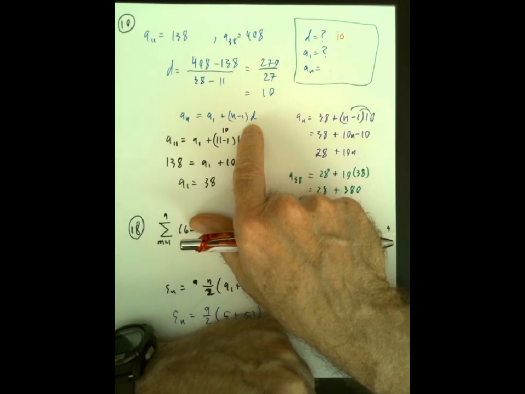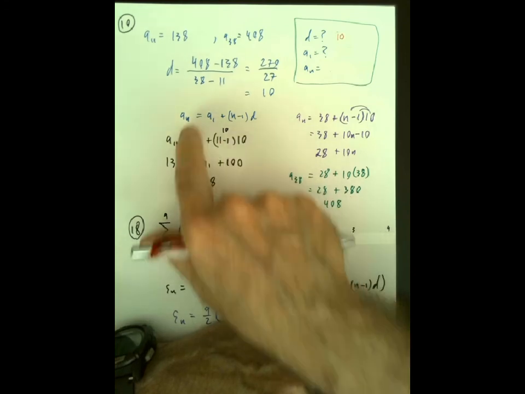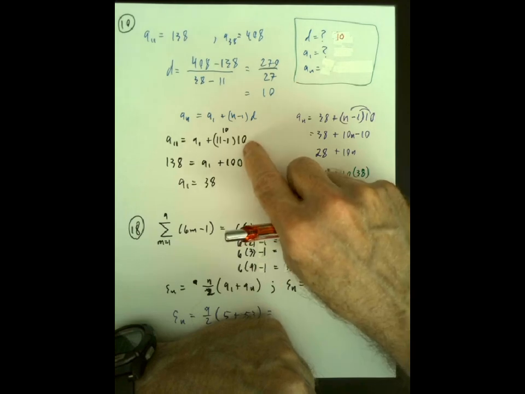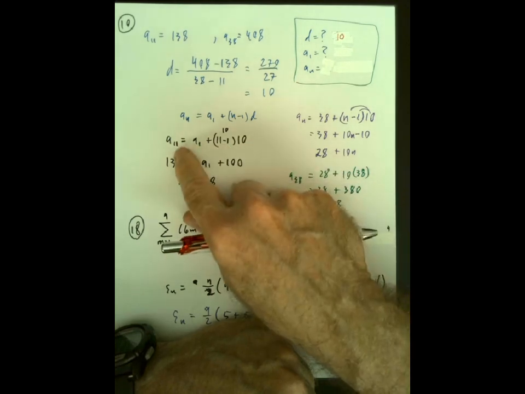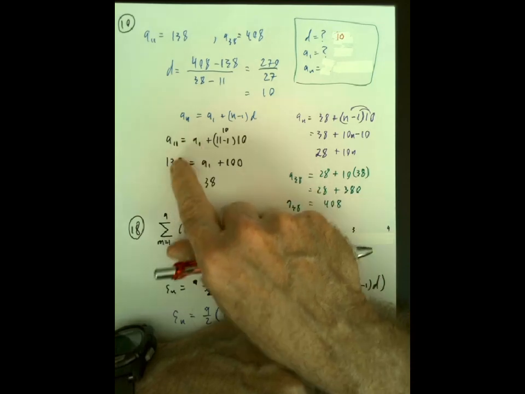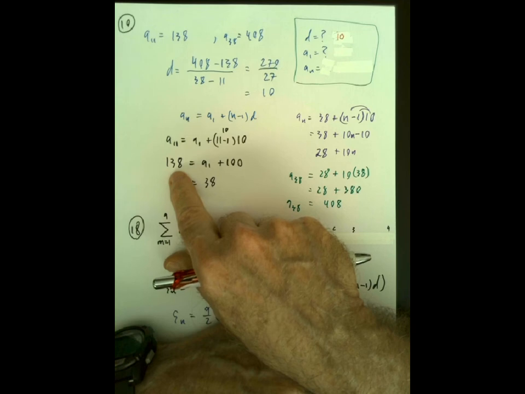So we can use this to solve backwards for what A1 is. We know that D is 10. We know that the 11th term is 138. So I just plunk in 138 for A11 in the front.